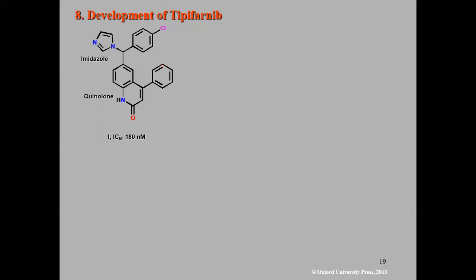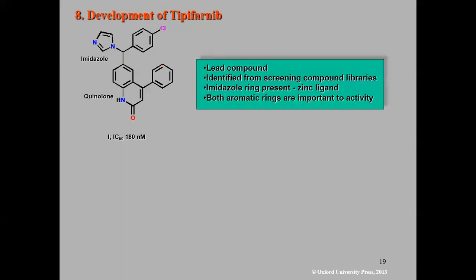This one has an imidazole ring and a quinolone. The lead compound was identified from screening compound libraries. The imidazole ring present is a zinc ligand. Both aromatic rings of the quinolone are important for activity.